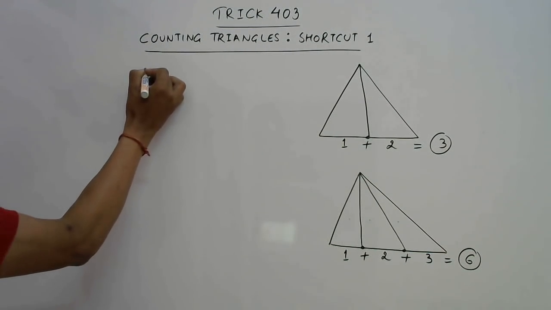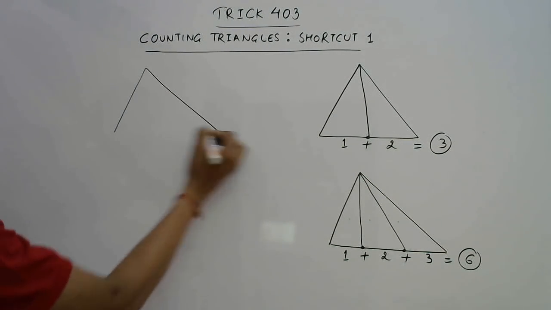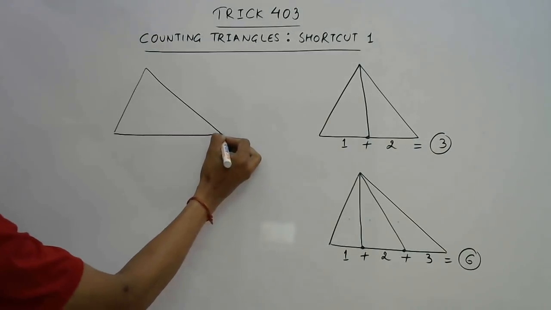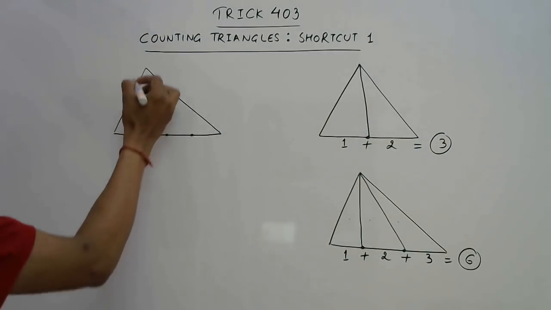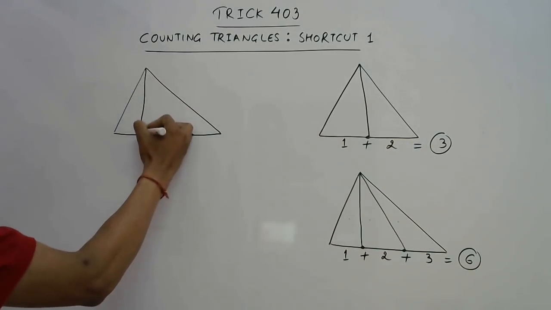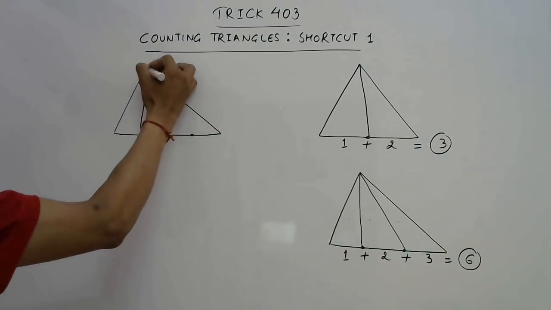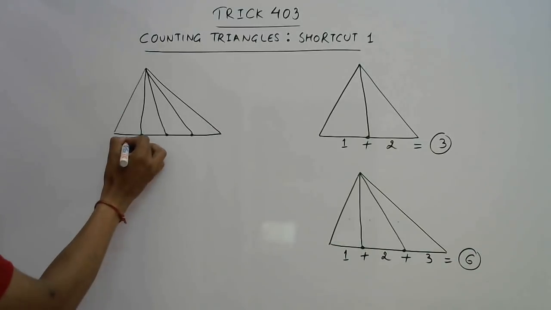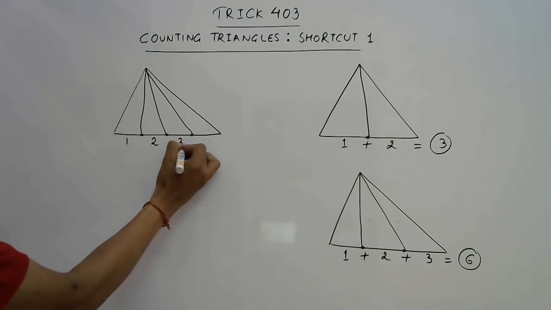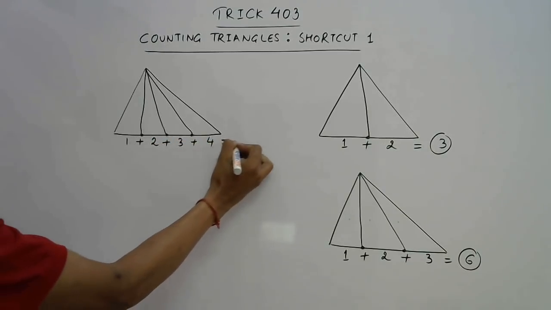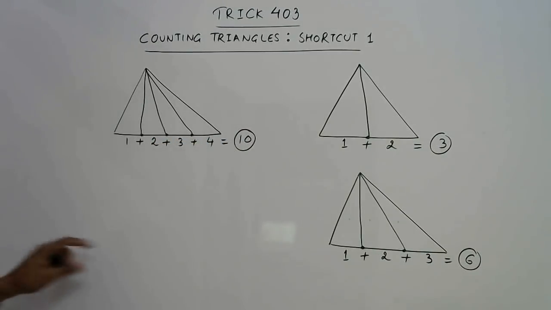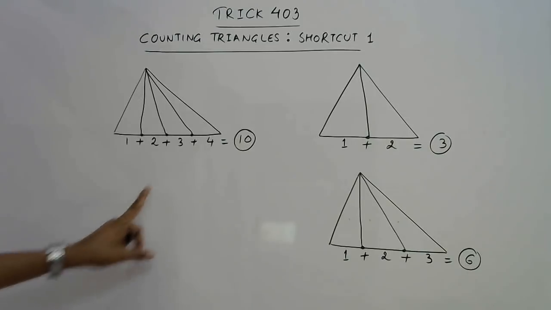So here we have a figure in which I am dividing the base into 4 parts. So see 1, 2, 3 and 4 parts. So add the numbers, you get 10 as the total number of triangles in this figure.